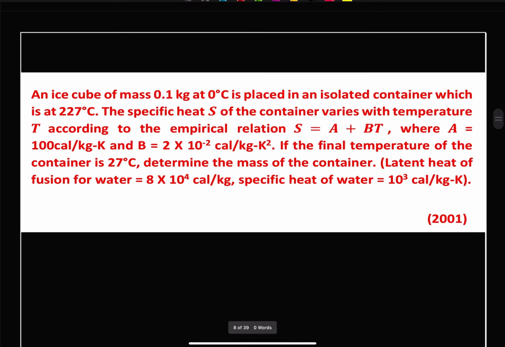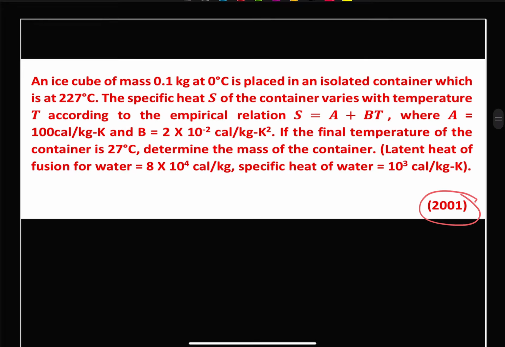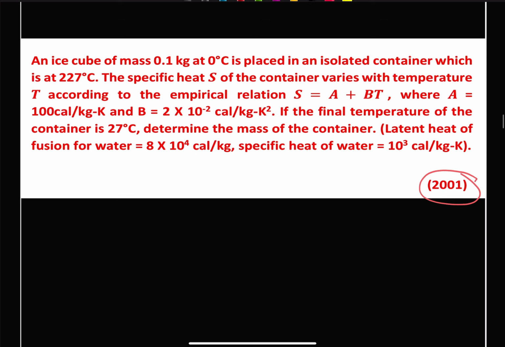Next question. It was asked in the year 2001, and it states that an ice cube of mass 0.1 kg at 0 degree centigrade is placed in an isolated container which is at 227 degree centigrade.